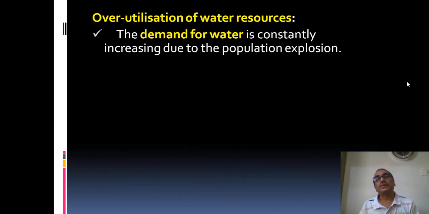Now the dams which we are constructing and trying to retain the water, not allowing it to go and join the sea, that is how we are trying to get much of the inland water available for our different purposes. As demand for the water has increased because of the population explosion.